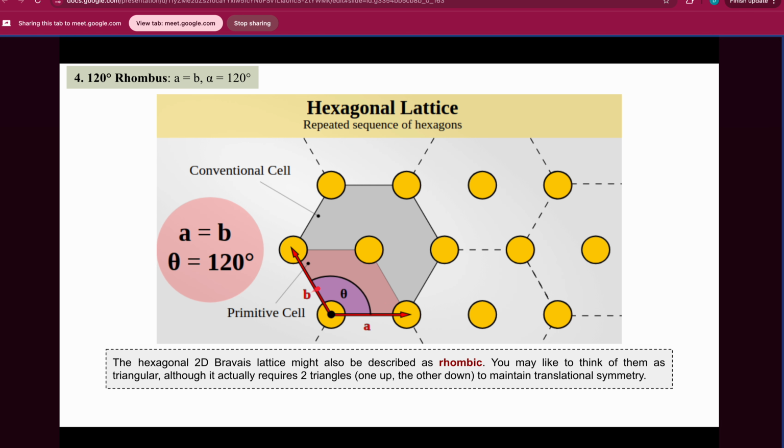This is known as a primitive cell because there is no point in the center, whereas in the previous case we had a lattice point in the center. So there are different types of crystals possible, and it depends on how you perceive them. This rhombus can also be perceived as a hexagonal lattice. Someone can construct a hexagonal lattice and accordingly calculate the different symmetries, the operations that can be performed, and the different angles. So it depends on them. This is how the 120-degree rhombus operates.